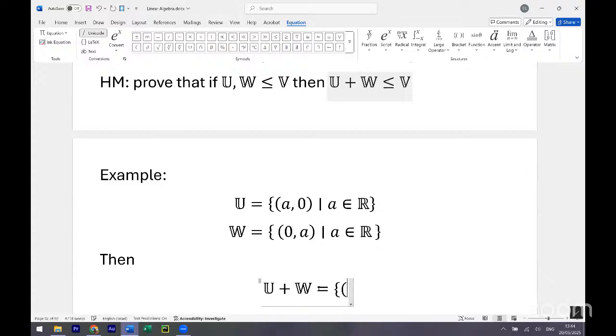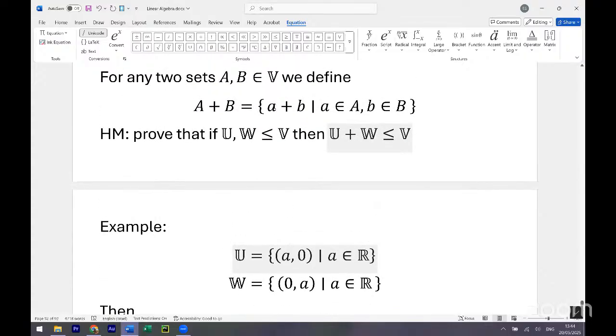So is it all (a, a)? No, because you summed up (a, 0) and (0, a). But do I have to sum (1, 0) only with (0, 1)? No, the definition says sum up anyone from the first set with anyone you like from the second set.